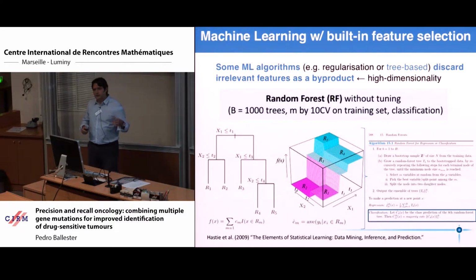So there are algorithms that ignore features that are non-discriminative, so they form an internal form of feature selection. Random forest is one of these. Essentially, a random forest is an ensemble of diverse trees, and each of these trees is formed in such a way that for each of the terminal nodes you have partially similar tumors that have similar response. So you use that as a model.